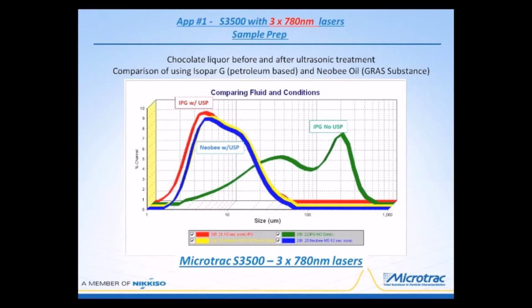The other aspect of making measurements on chocolates and various chocolate products is that it's typically necessary to use an organic solvent or some type of fluid that will not dissolve sugars or other soluble compounds. Over here, this is a liquor, and it is using Isopar G. Isopar G is an isoparaffin.